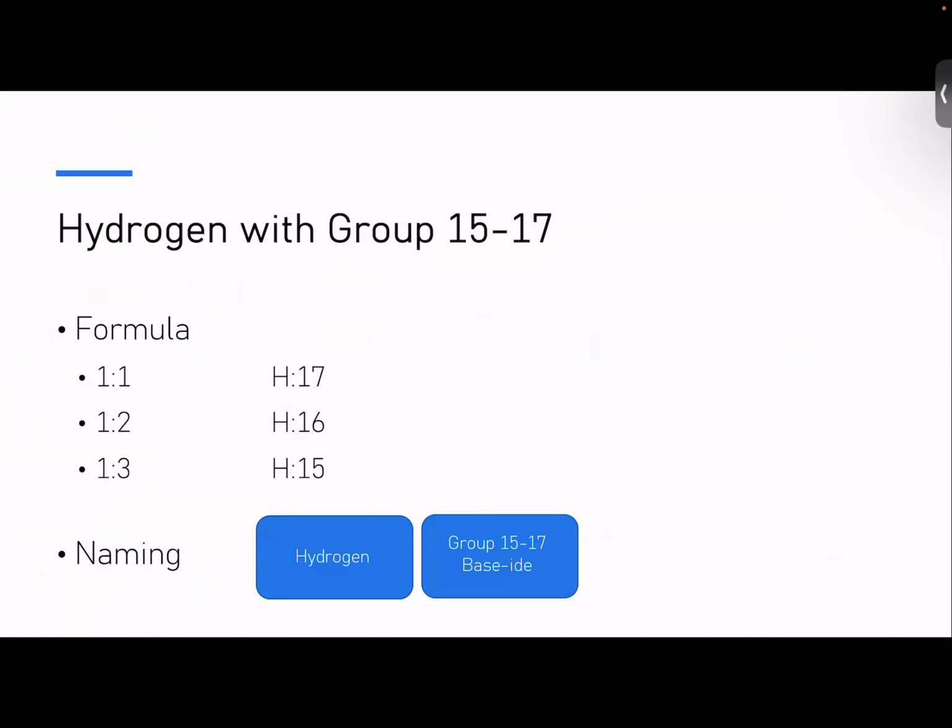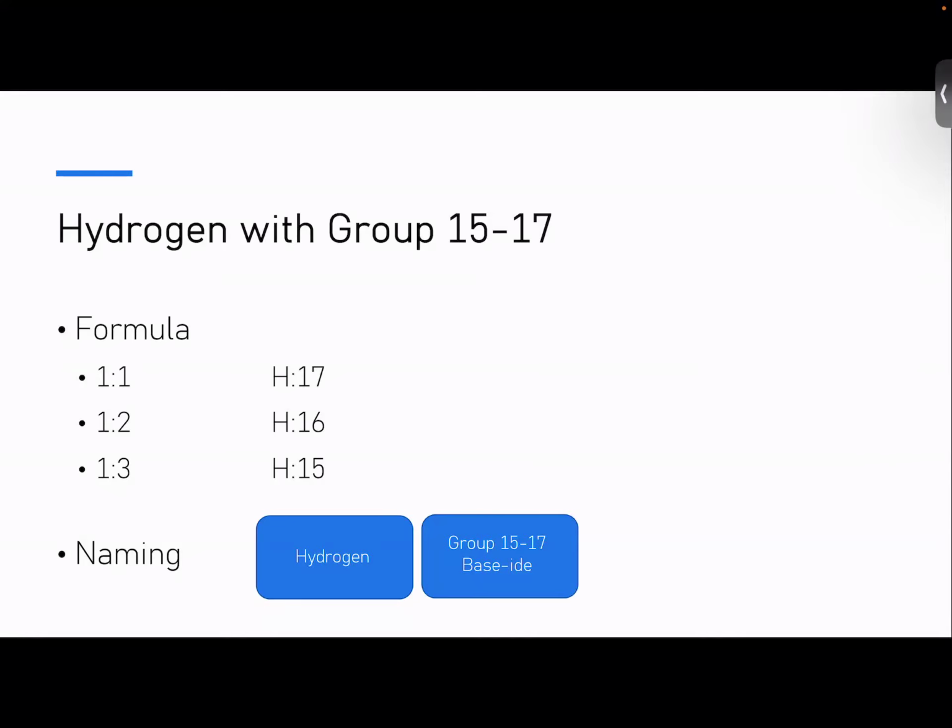Okay. The third type of covalent molecule that you're going to encounter is going to be hydrogen combined with a group 15 through 17 nonmetal. Fact is, the formula is easy to guess.